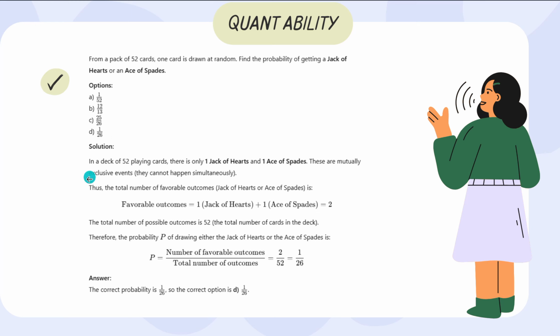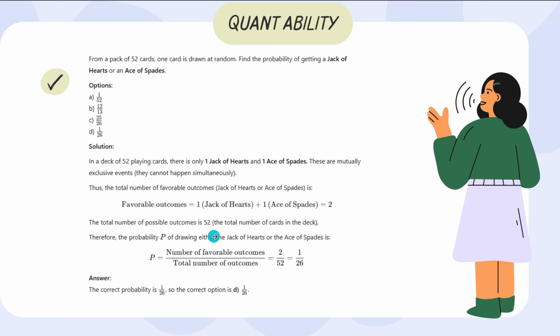This is the answer because in a deck of 52 cards there is only one jack of hearts and one ace of spades. They are mutually exclusive events. They cannot happen simultaneously. Thus the number of favorable outcomes, jack of hearts or ace of spades, is equal to 1 for jack of hearts plus 1 for ace of spades, that is 2.